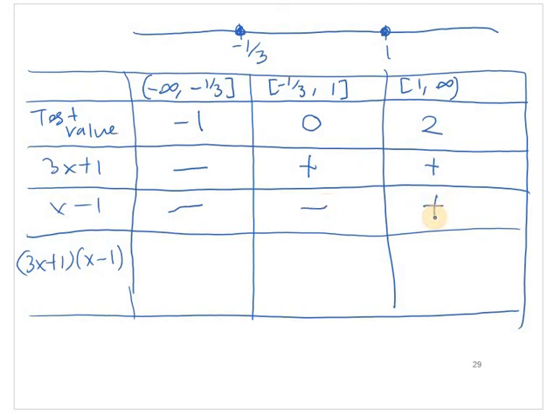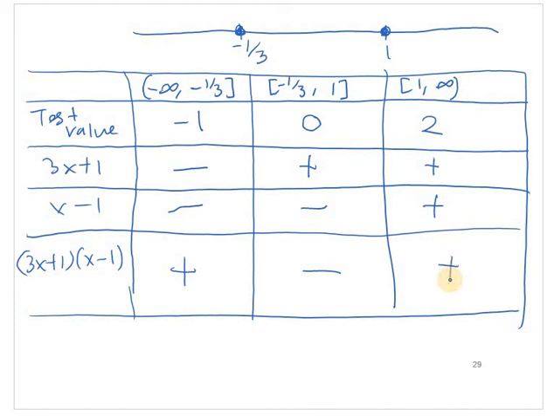For the last row, since we have 3x plus 1 multiplied by x minus 1, we multiply the signs. Negative multiplied by negative is positive. Positive multiplied by negative is negative. Positive and positive is positive. So what will be our answer?